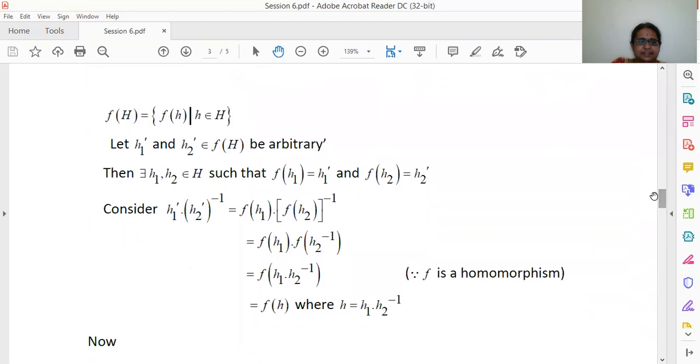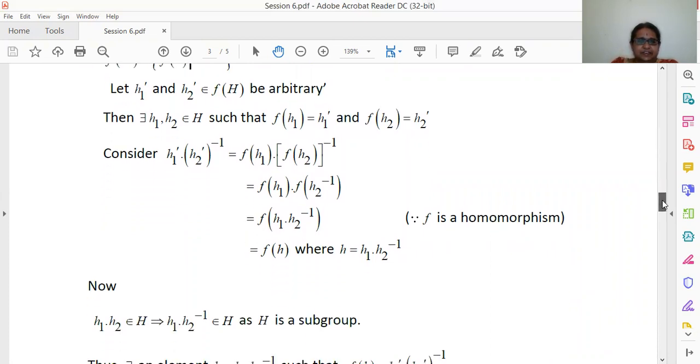To show it is a subgroup, what we have done is, we have taken two elements in f of H and shown that h1 h2 inverse belongs to H. So this property of the subgroup we have used to show that f of H is a subgroup of G dash.